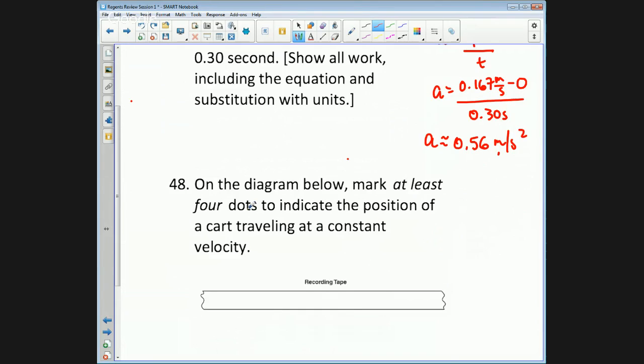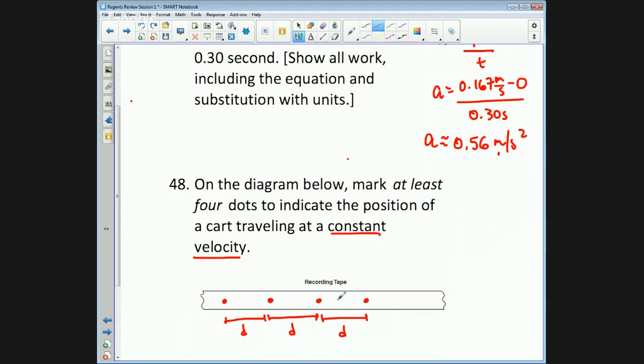says, on the diagram below, mark at least 4 dots to indicate the position of a cart traveling at a constant velocity. Constant velocity means that each dot is going to have an equal distance. So again, using your ruler, you're going to be measuring these distances to make sure that they are equal distance. Okay, so this is the same distance as this, and the same distance as this.